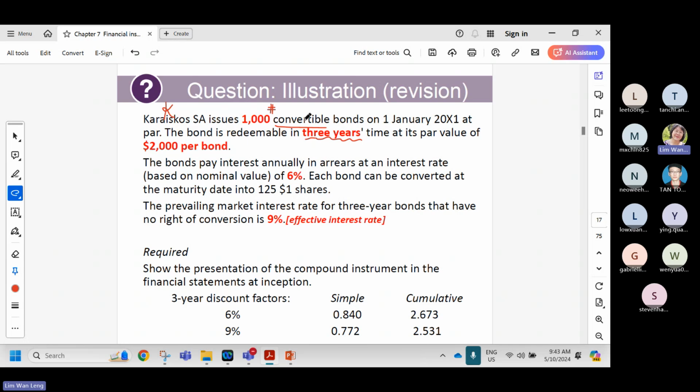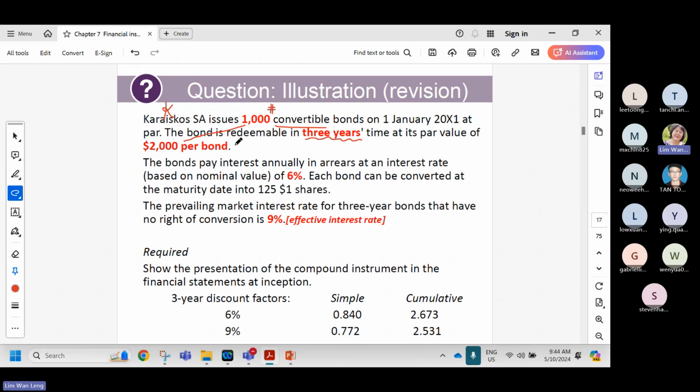And each one of the convertible bonds is valued at 2,000. So when you issue these 1,000 convertible bonds to the bondholders, you are going to receive how much money? 1,000 times 2,000. So you're going to receive 2 million in cash.